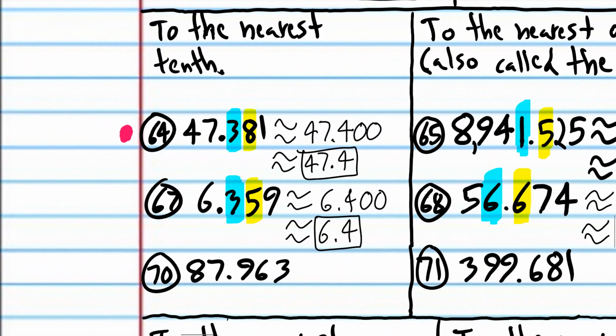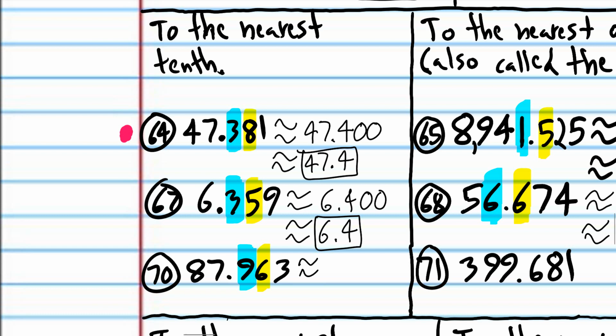All right, to the nearest 10th place. Try 70, and when you come back, we'll do it together. All right, we're back. This is the 10th place. The 6 tells us to round up. So this is actually a special situation because the blue number is 9. You see that? The blue number is 9.